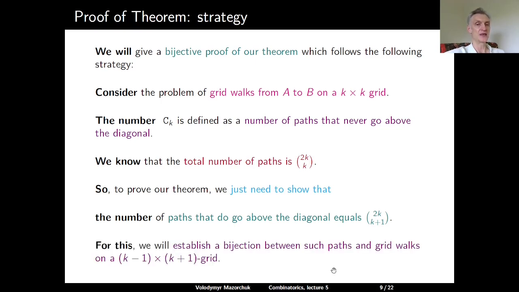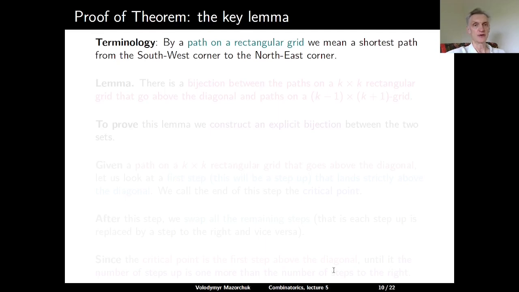And for this, we will establish a bijection between these paths which go above the diagonal and grid walks on a grid of size k minus 1 times k plus 1. So just to simplify our terminology, by a path on a rectangular grid, we mean the shortest path from the southwest corner to a northeast corner.